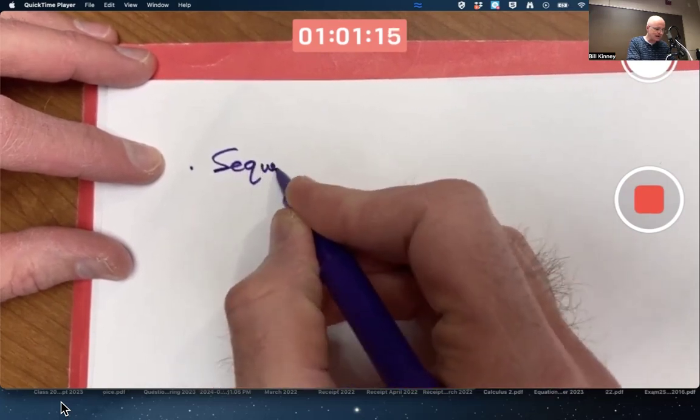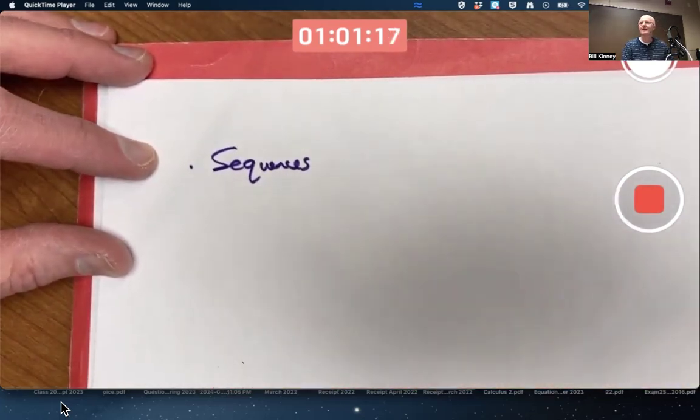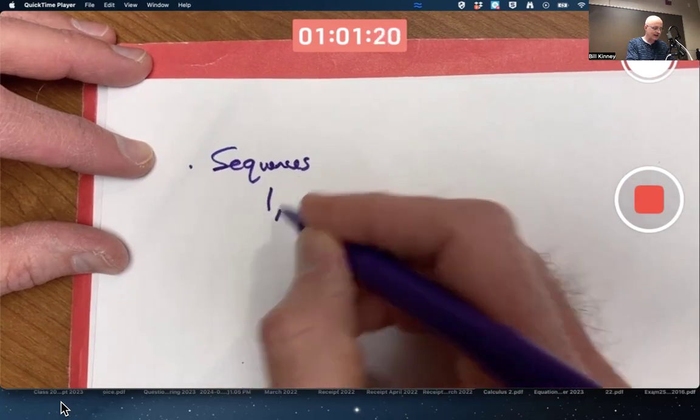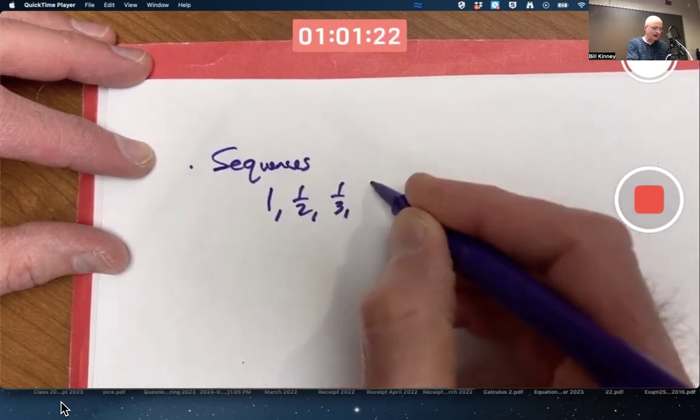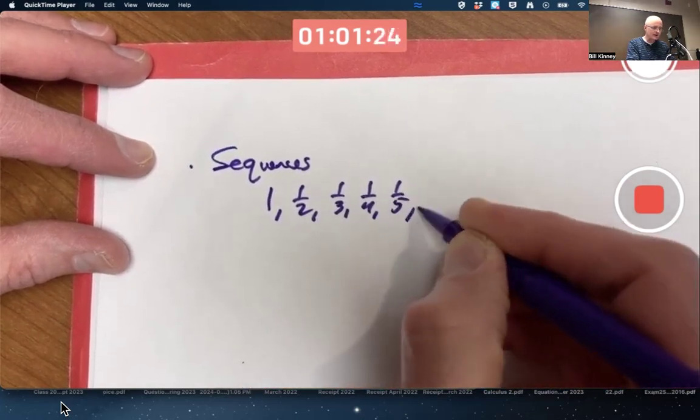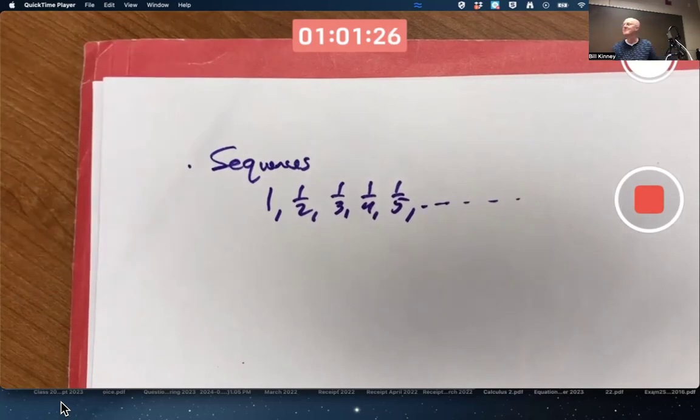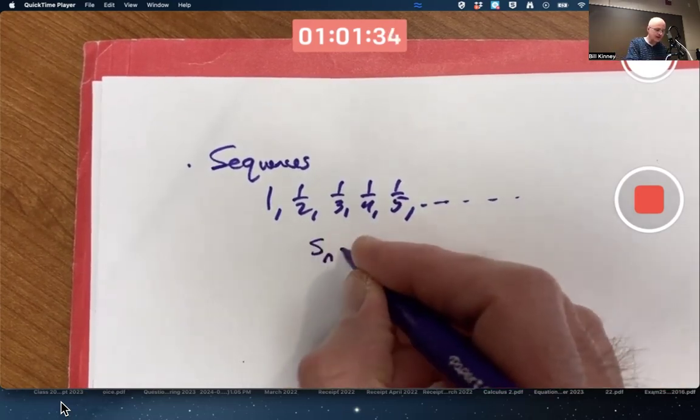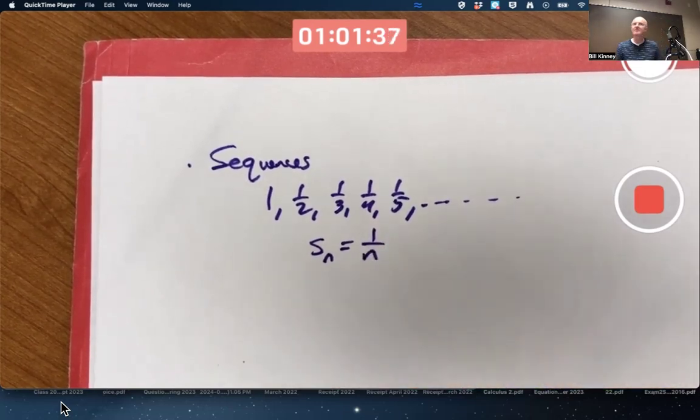Sequences, first of all, in chapter 9. Intuitively, as an example, a sequence is just an infinite list of numbers that may or may not have a limit as you keep going to the right. If that list has a direct formula like this one does, 1 over n, you can often pretty easily see what the limit is.